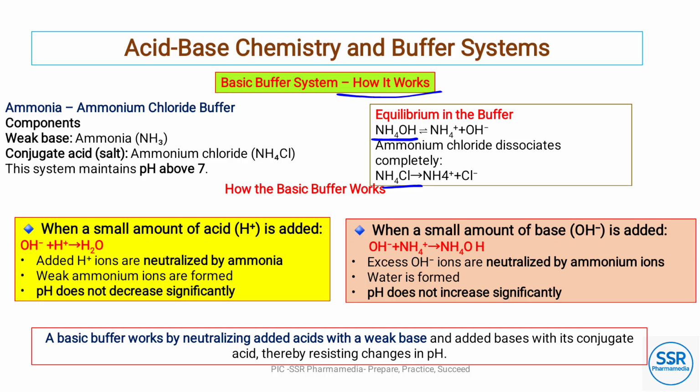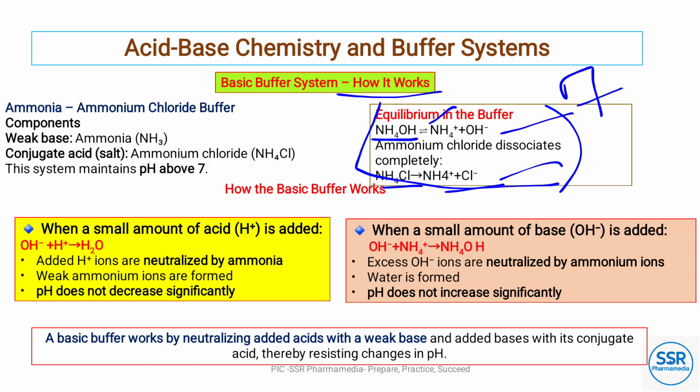Ammonium hydroxide forms NH4 plus and OH minus ions, and ammonium chloride forms NH4 plus and Cl minus ions. So here is the alkaline buffer, above 7. The pH is maintained above 7. This is the buffer system.